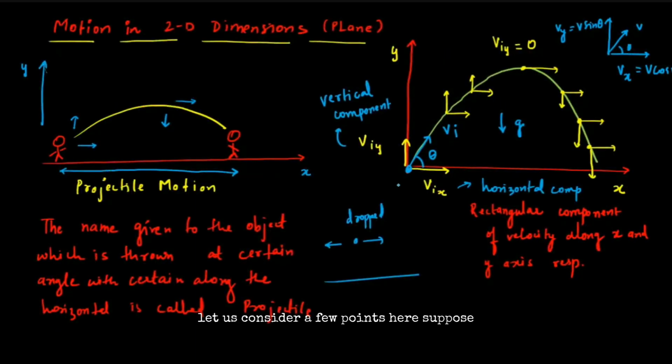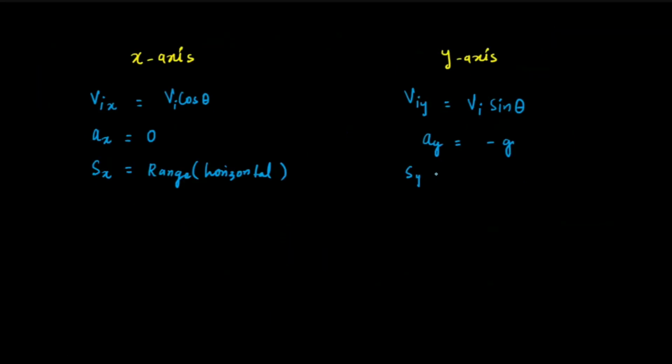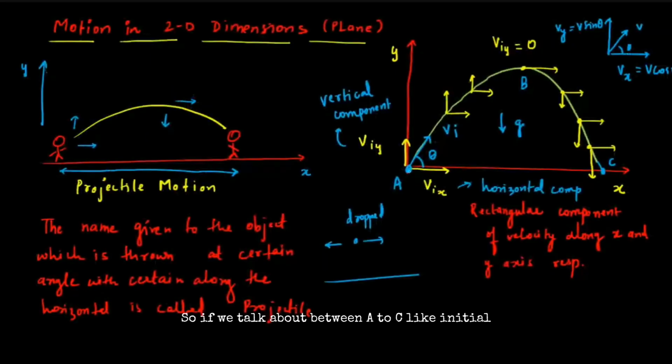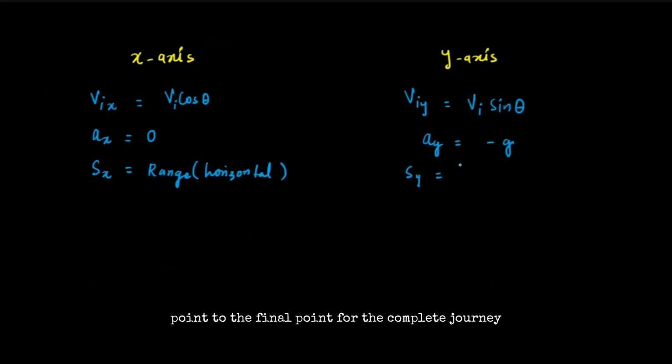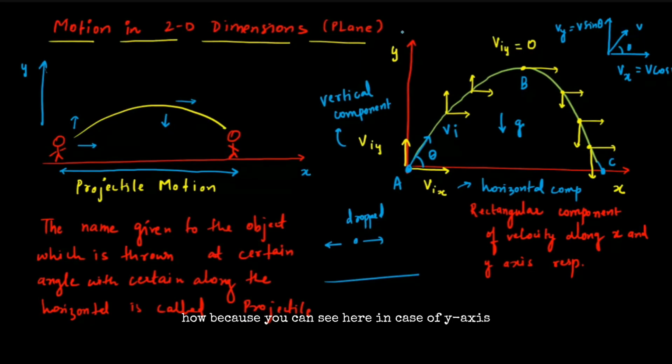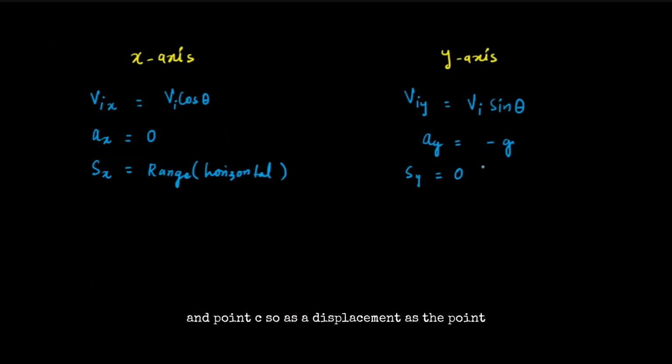Suppose this is point A, this is point B, and this is point C. The displacement is going to be different for A to B and for A to C. Between A and C, the initial point to the final point for the complete journey, the displacement in the y-axis is going to be 0, because the y coordinate remains the same at point A and point C.